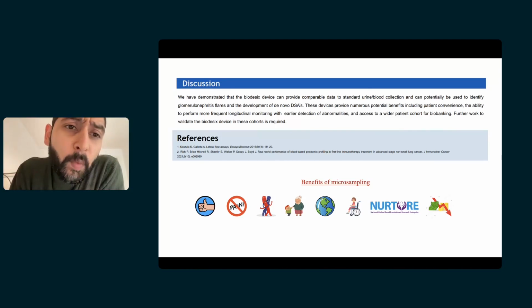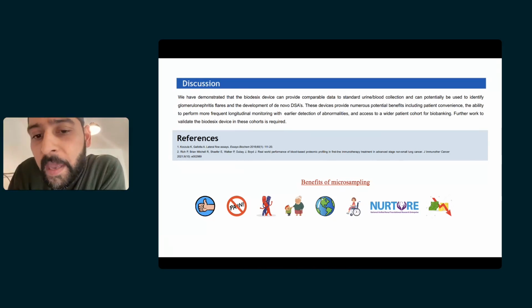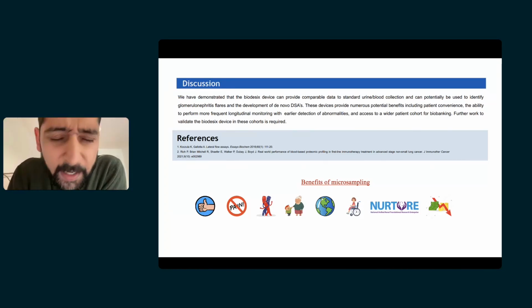Nevertheless, we see a lot of positive benefits and confidence with regards to these results that outline the potential positive benefits of microsampling as a whole in comparison to standardized methods of sample acquisition and processing.